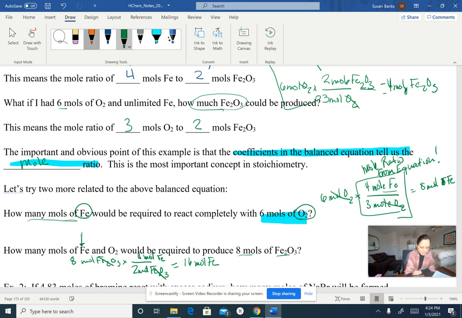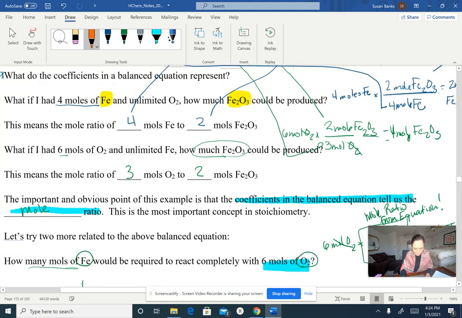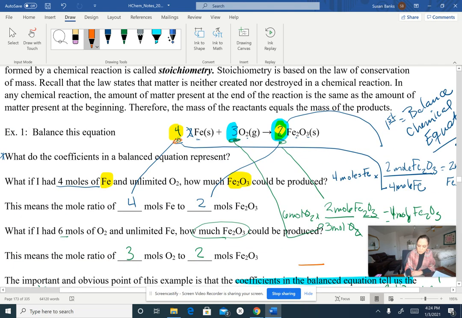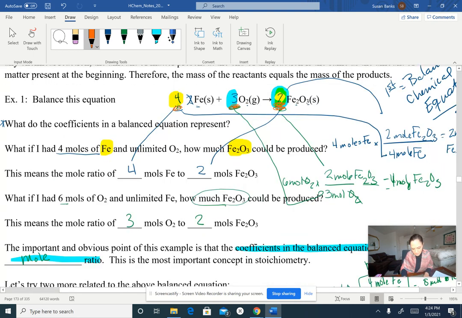Let's look at oxygen. Now I still want to make the 8 moles of iron trioxide. Now we're going to see how much oxygen we've got to start off with. So back to our balanced equation. What's the ratio? So we have 3 moles of oxygen to 2 moles of iron trioxide. So we're going to use that ratio.